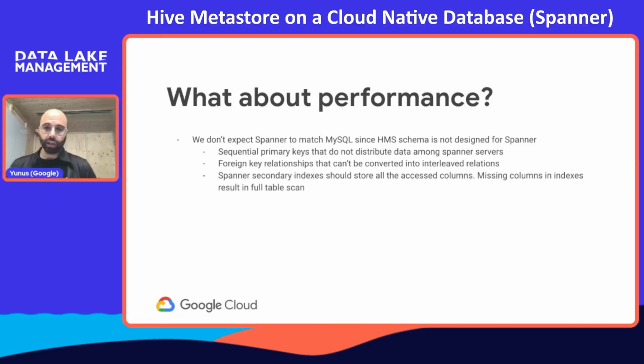Secondary indexes. There are lots of indexes used in Hive Metastore in the backend. So, for instance, DB ID is the primary key, but DB name has a secondary index on it. In the existing schema of MySQL, you just put an index on the column, just the DB name, for instance.